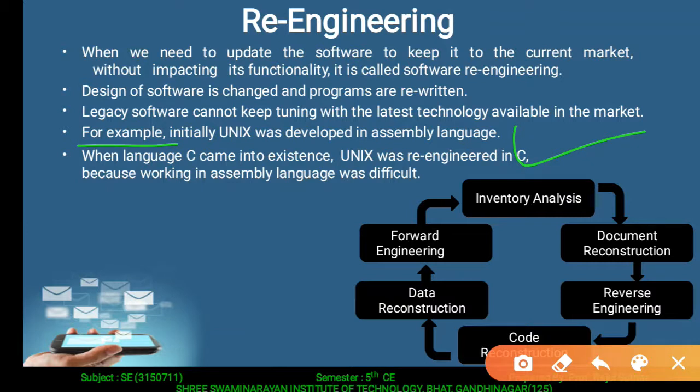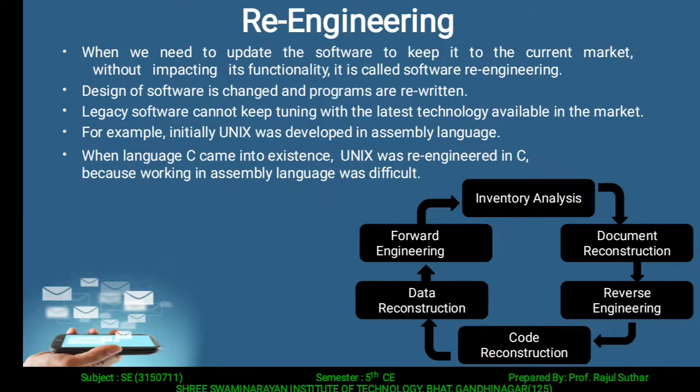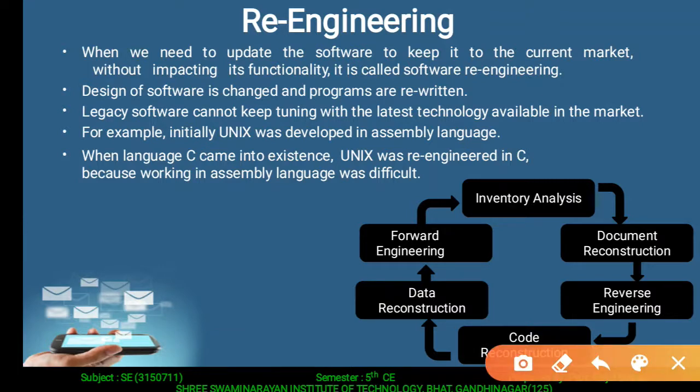Let me discuss the steps of re-engineering. First is inventory analysis. So what do you mean by inventory analysis? Inventory analysis checks each and every analysis or prior step of the development of the software.